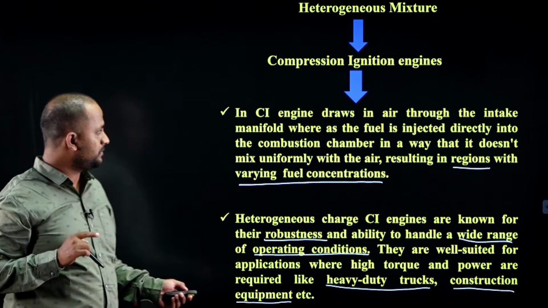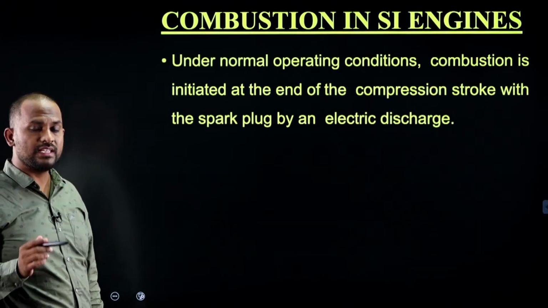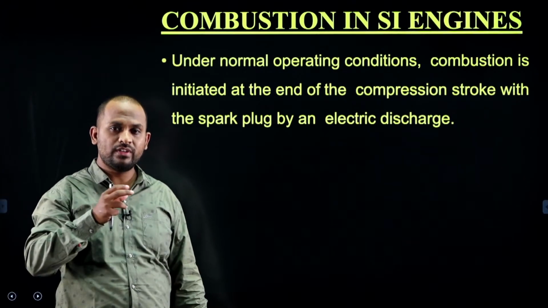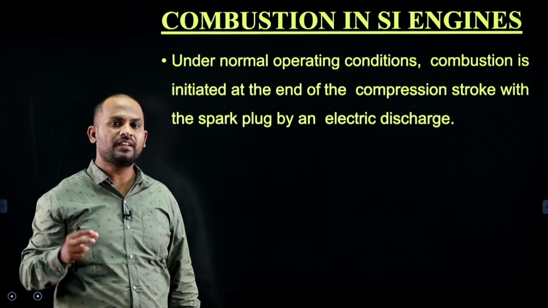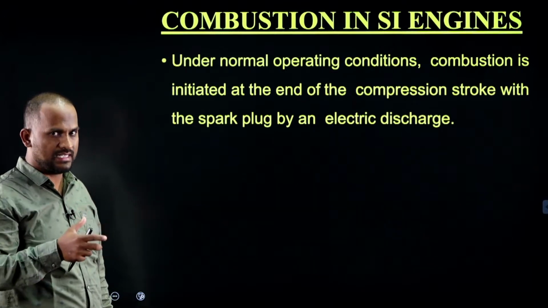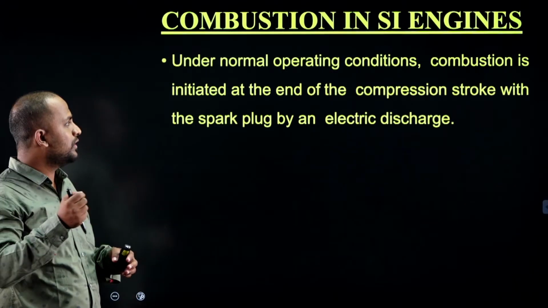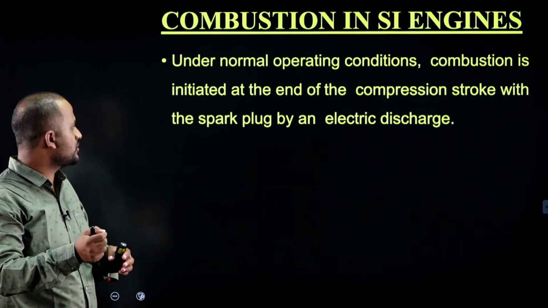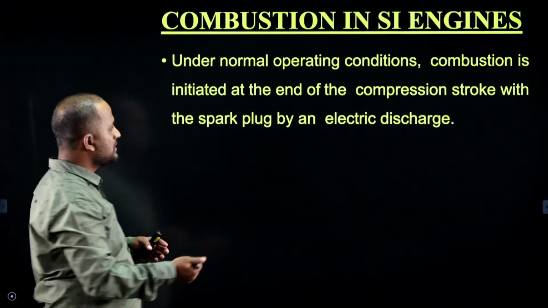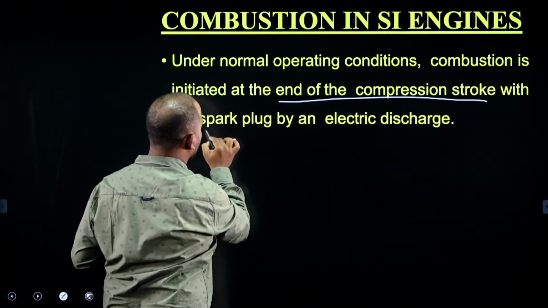Now coming to the combustion in SI engines. We have discussed the combustion and the working of SI engines in the last session. Now what is this combustion in SI engines? The combustion happens generally at the end of the compression stroke with the help of a spark plug.